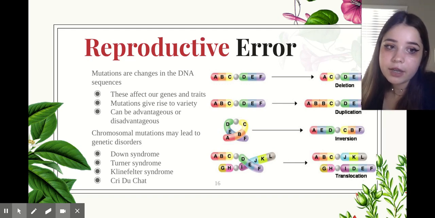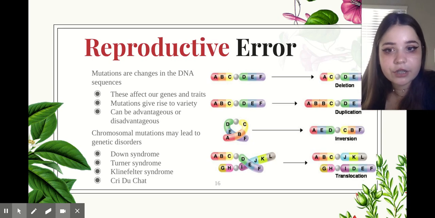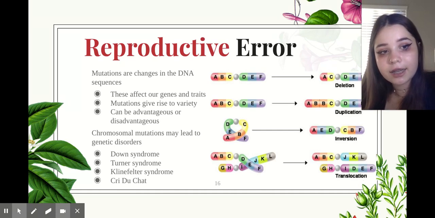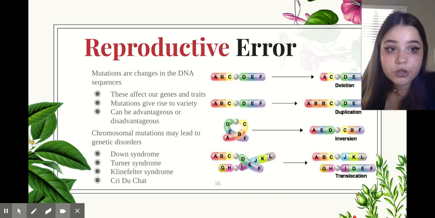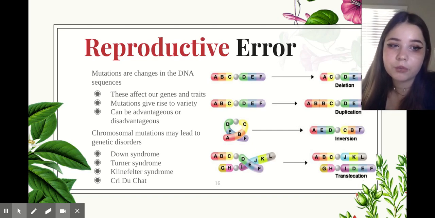Mutations are changes in the DNA sequences. Those are in essence what a mutation is. And this affects our genes and our traits. So mutations give rise to variety, and they can either be advantageous or disadvantageous. Some mutations are good. Not all of them are bad, but other ones may hinder your body's functioning, and they can be pretty bad.